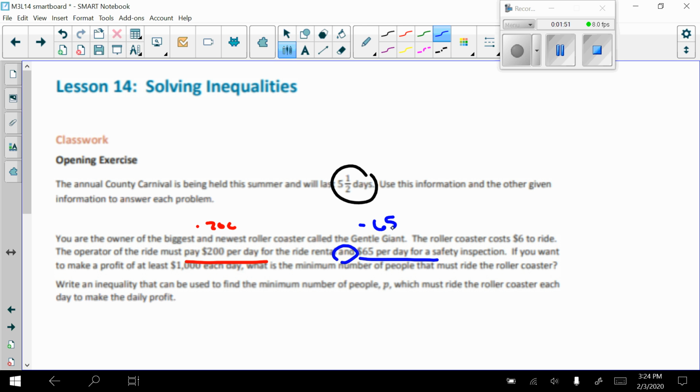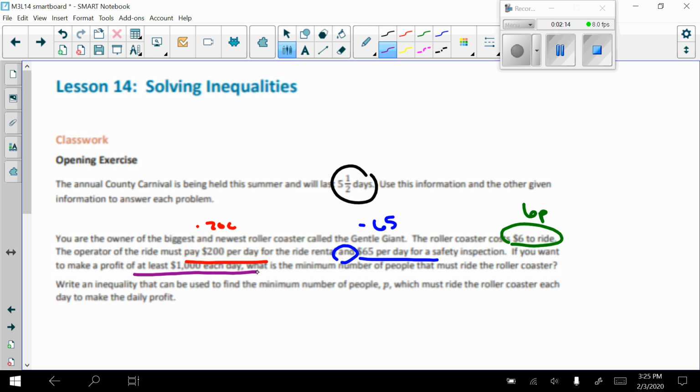Right? So that's a per day, that's a per day. $6 to ride, so that's $6 per person. And one last piece, at least $1,000, so at least 1,000.